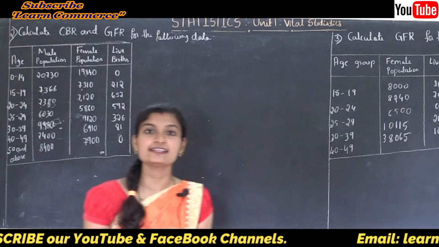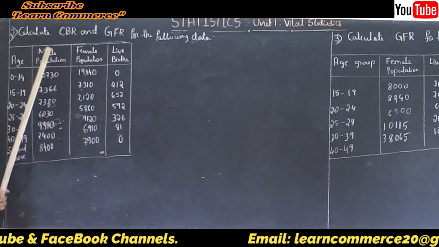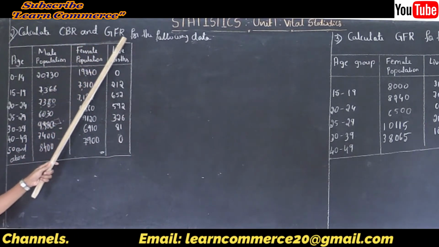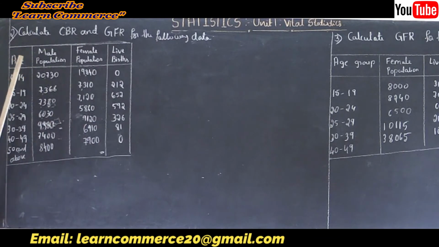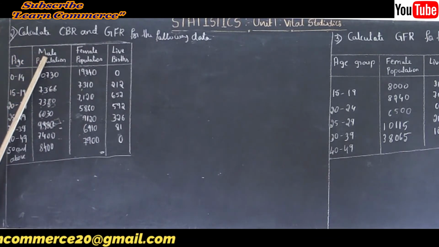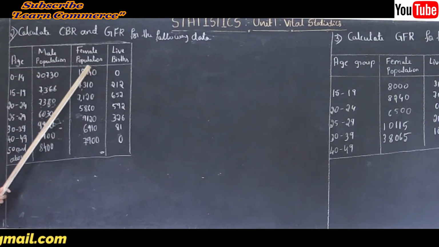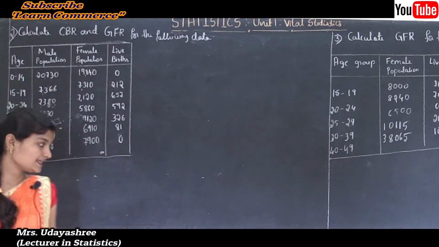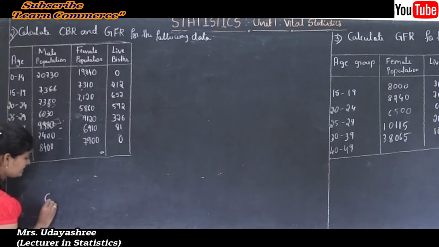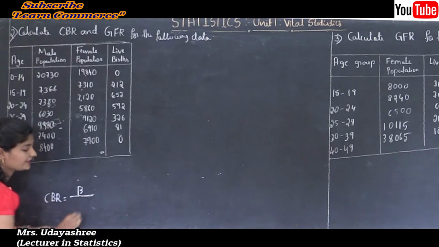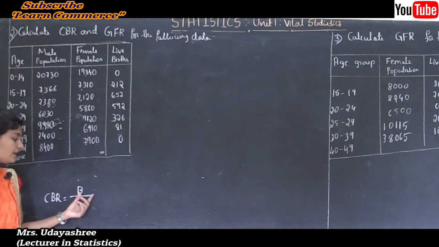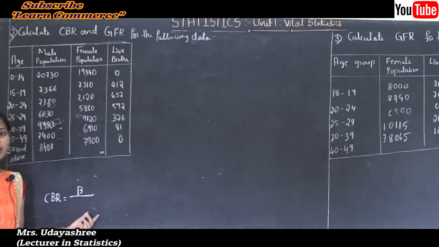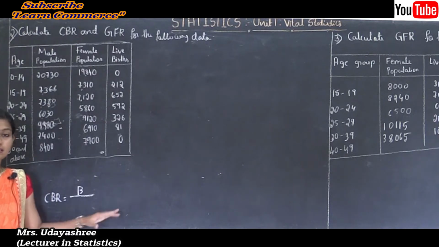Okay, now let's see the second problem, that is calculate CBR and GFR for the following data. Here the given information is age, male population, female population and live births. First we need to calculate CBR. We know the formula of CBR: CBR is equal to births divided by population, that is, number of live births divided by average population in a year, into 1000.